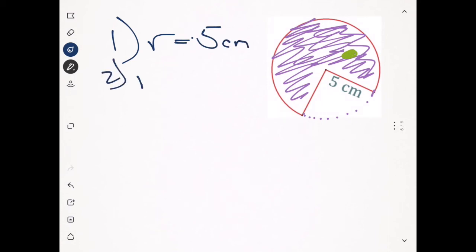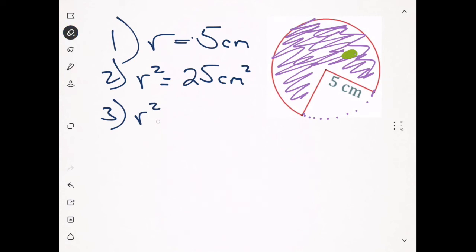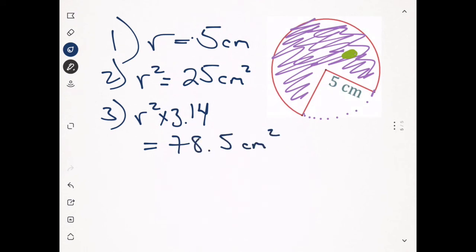Step 2, what is the radius squared? 25 centimeters squared. Step 3, multiply the radius squared by pi. And that yields 78.5 centimeters squared. So I'm going to use my bar model for this one.